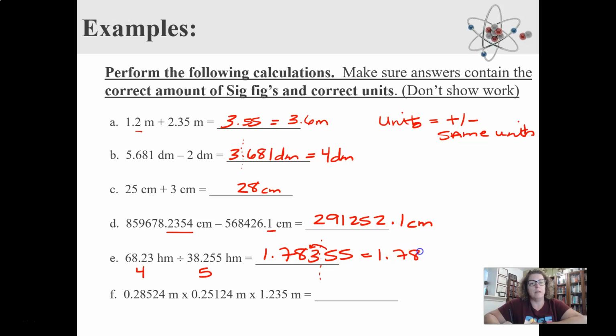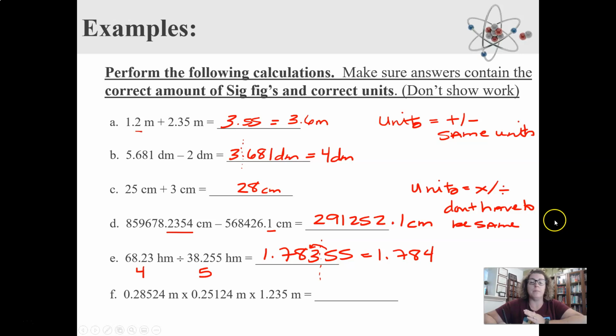So 1.784. Now let's talk a little bit about units when you multiply and divide. So units, when you multiply or divide, they don't have to be the same. You may see some units where you have the same unit twice, so that means it could be squared, or in this case we have hectometer, that's what the H stands for, hectometer, divide by hectometer, and if you write that on here, you're going to see they cancel out.